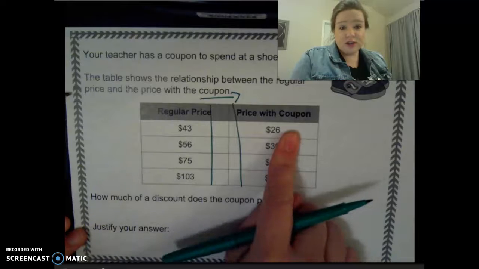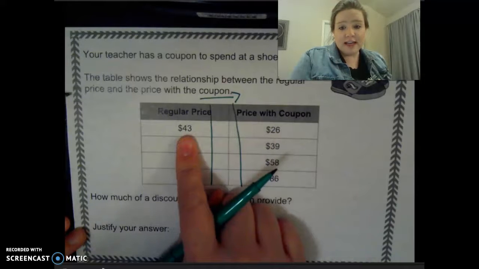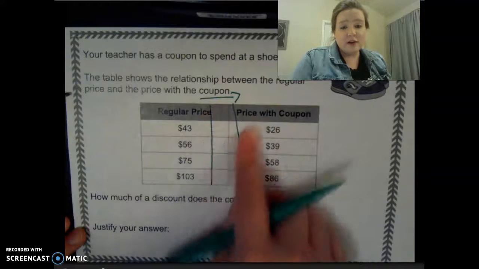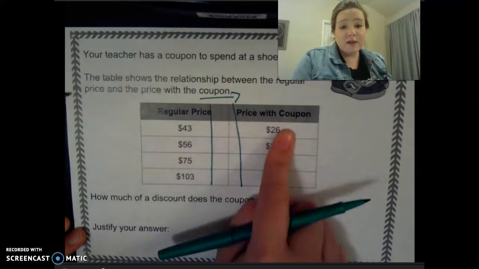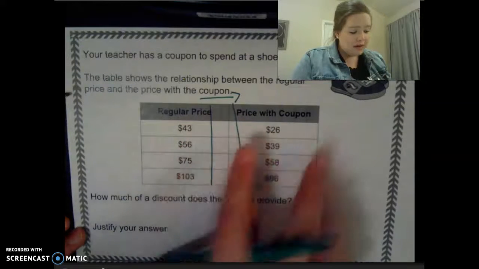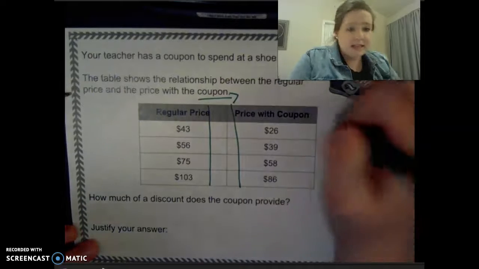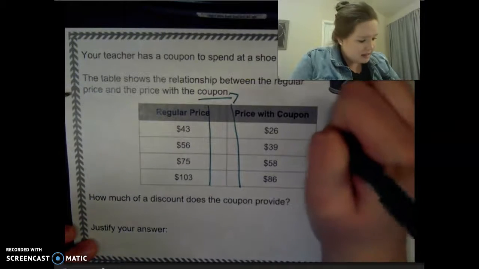So there's two ways that you could do this. In order to figure out what you're subtracting, you could do 43 minus 26, and that's going to give you the difference. Or you could say 26 plus something equals 43. Well, because I already know 43 minus 26, I'm going to go ahead and just subtract these.